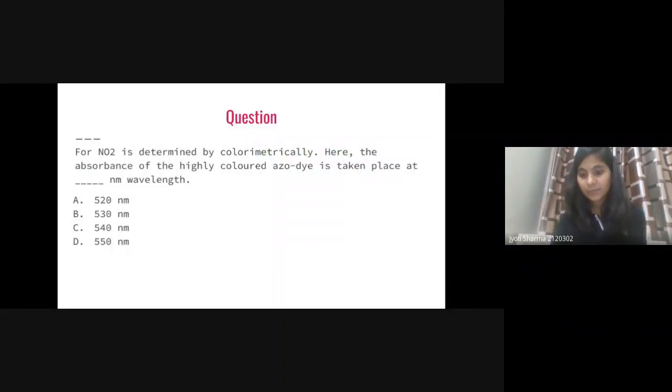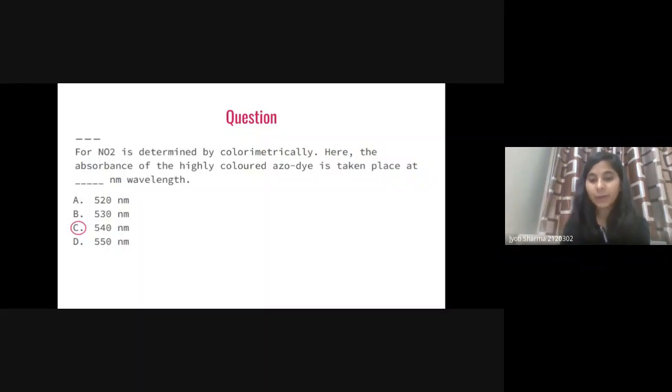I think everyone gave me the C answer. Let me see. Nishant for 540, that is C, Alka C, Rashmi C, and Mohammed Abdul Rahim C. Okay, yes, C is the right answer. So the wavelength we will consider in the spectrophotometer to calculate the absorbance is 540 nm.